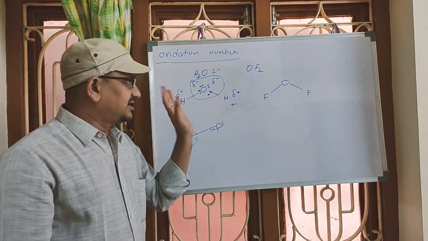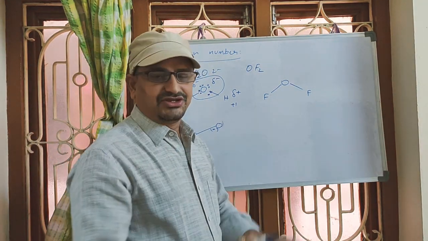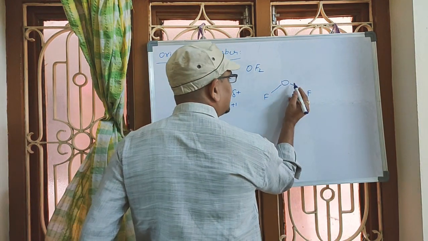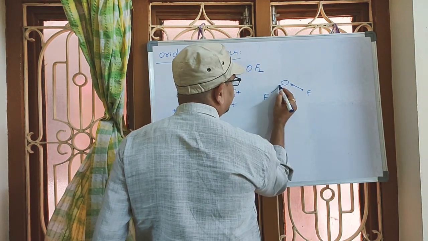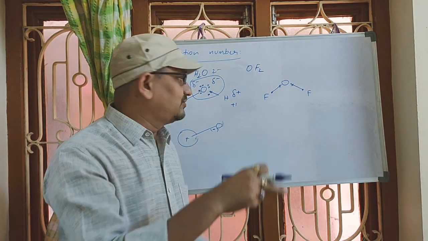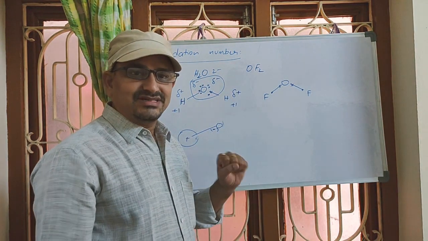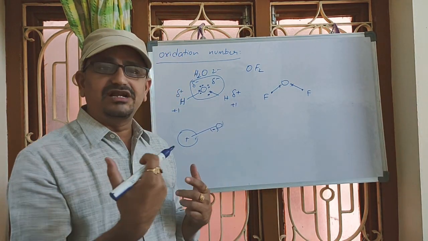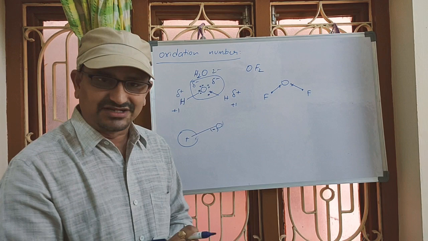Is that clear? Now let's come to the OF2 molecule. Among oxygen and fluorine, which is more electronegative? Tell me now. Fluorine is more electronegative than oxygen. You know the meaning of electronegativity: its ability to attract the shared pair of electrons more towards itself, isn't it?